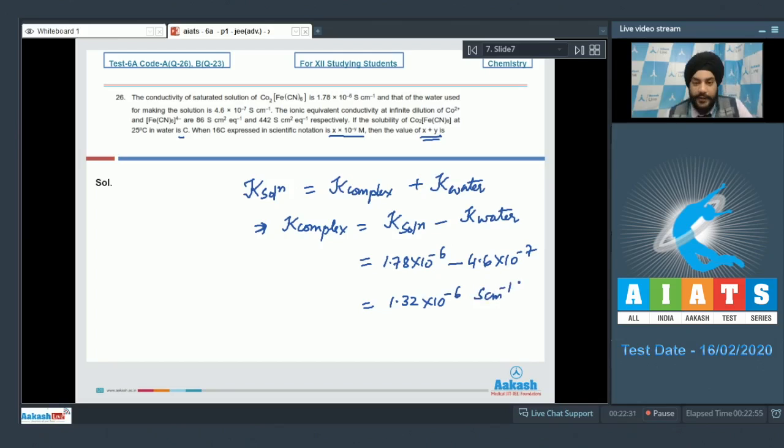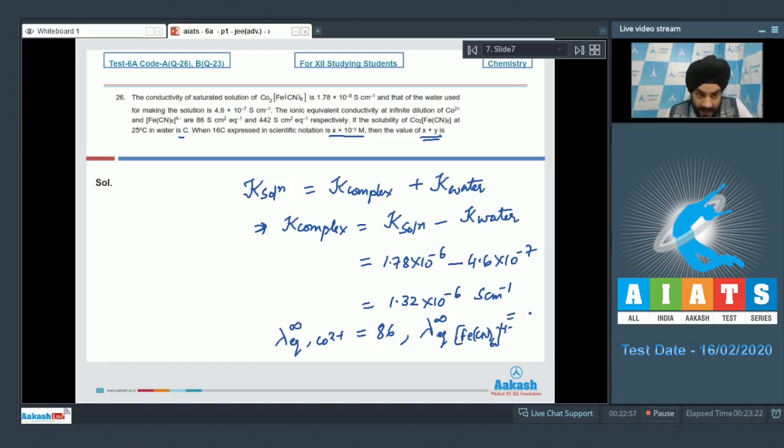Now we have been given the ionic equivalent conductivity at infinite dilution. So we have been given lambda EQ naught or lambda EQ infinity of Co2+, it is equal to 86. And if we talk about the lambda infinity EQ of the complex anion, so we have [Fe(CN)6]4-.